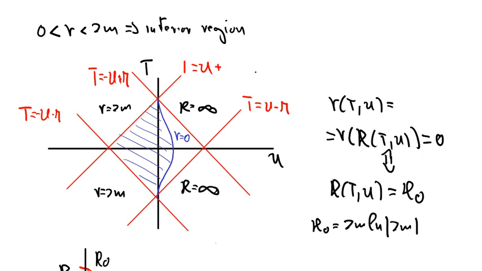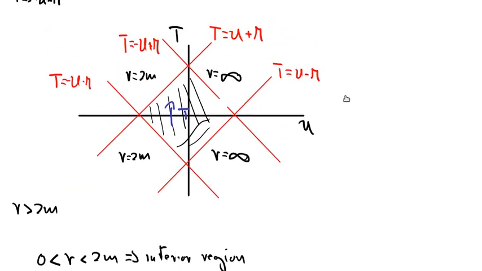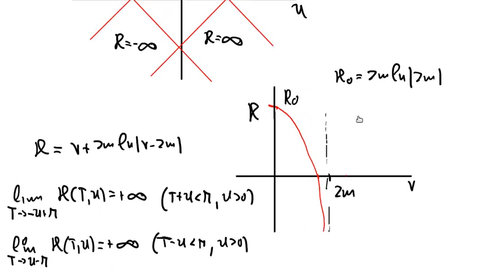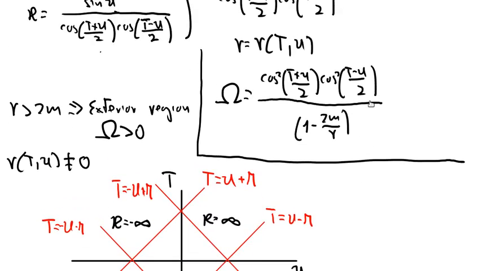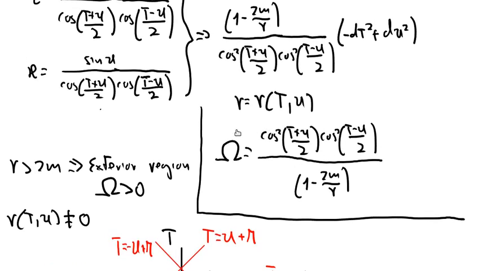We also need to take into account the sign of the conformal factor. If we look at the conformal factor, the numerator is always positive, but the denominator, if small r is less than 2m, is negative. So the conformal factor in this case is negative.